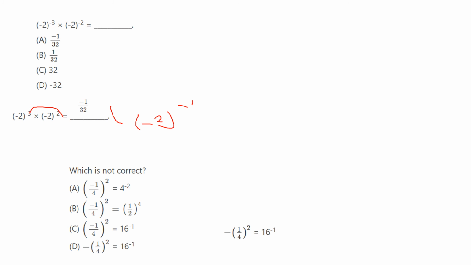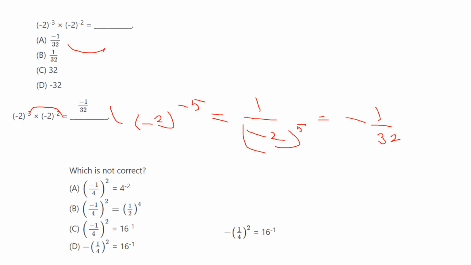So we can write it as 1 by minus 2 to the power 5. So the power here is odd, so we can write it as minus 1 by 2 to the power 5, which is 32. Therefore minus 1 by 32 is the answer.